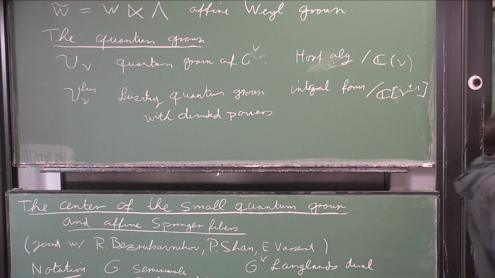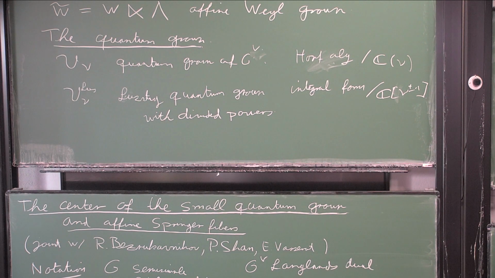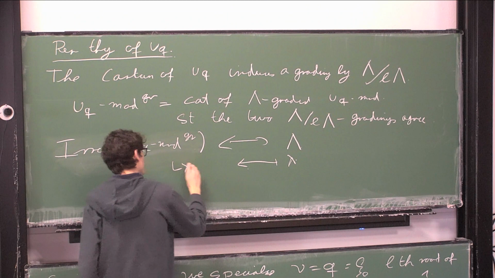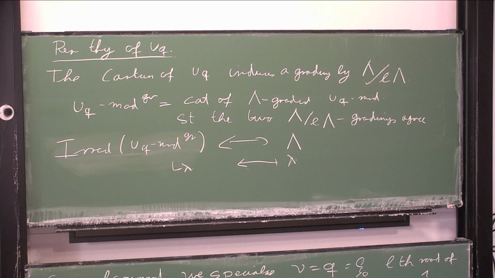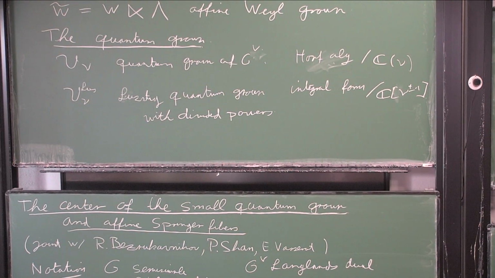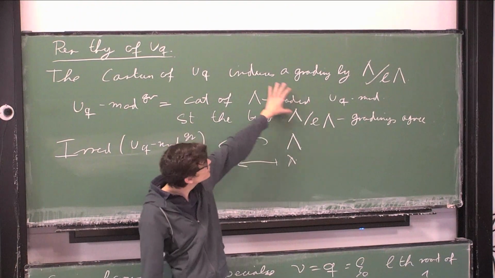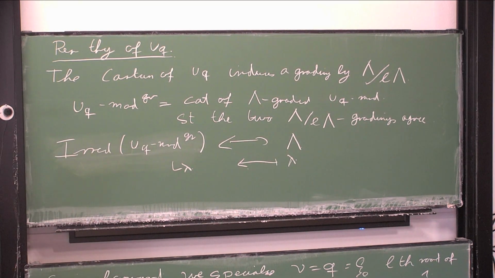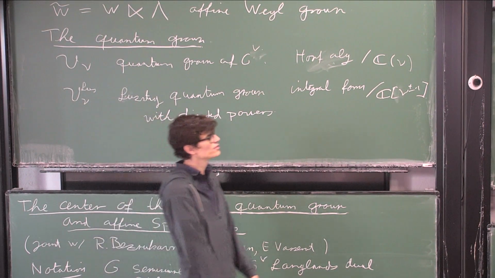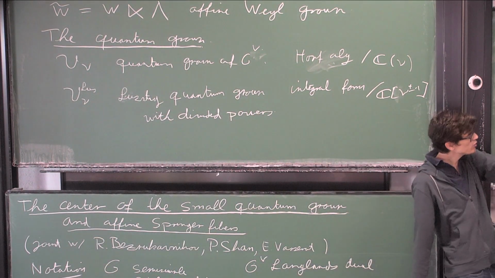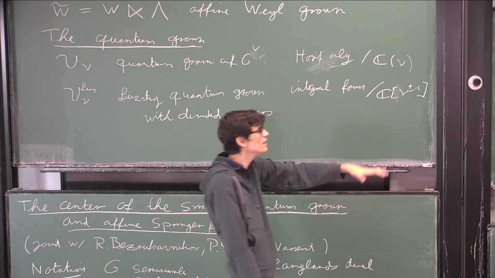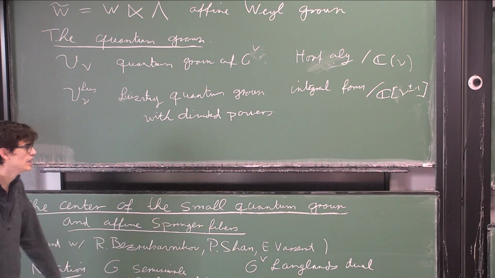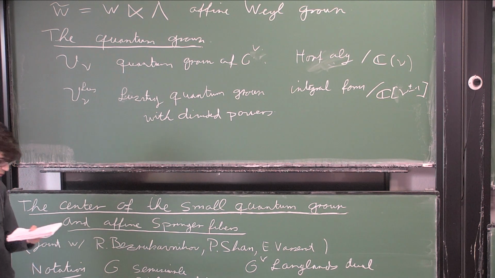So there's a highest weight theory for this category, but every weight is allowed. Not just dominant weights, because I have an action by L lambda. I can shift the grading by L lambda, and that is still going to give us a valid graded UQ module. And so if we have any highest weight, we can always translate it around by L lambda, so we can get all sorts of weights, not just dominant ones.